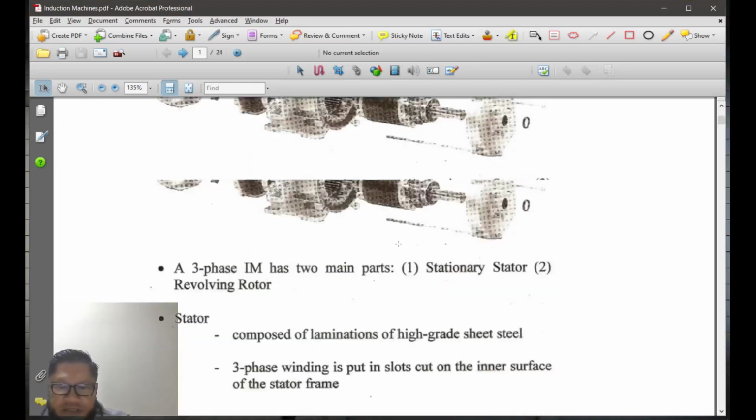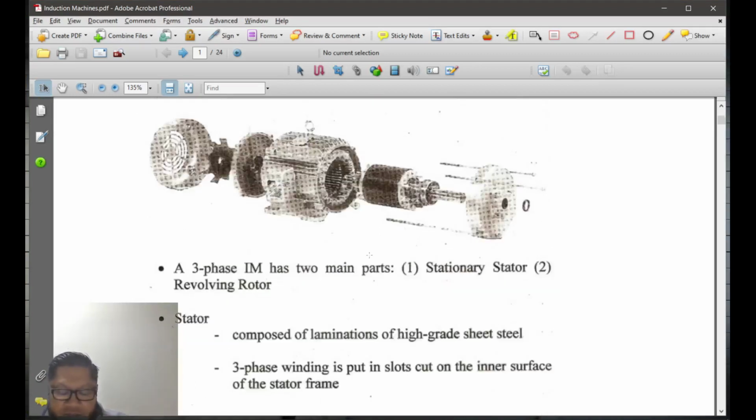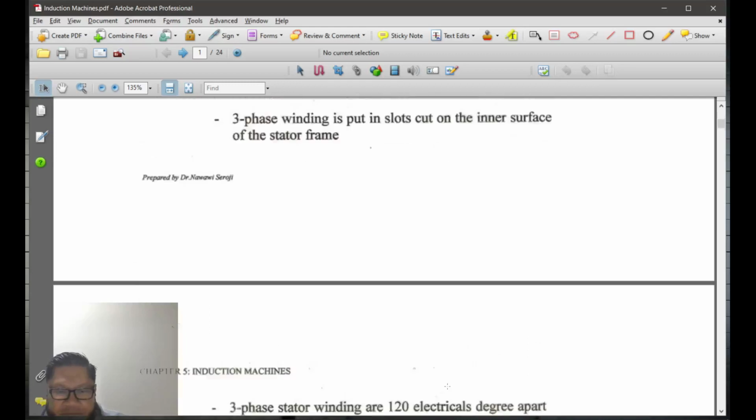It is composed of laminations, which means you have a winding that you put in slots, and then you have a three-phase winding. Each will be connected to phase A, phase B, and phase C. So the three-phase winding is put in slots cut on the inner surface of the stator frame.